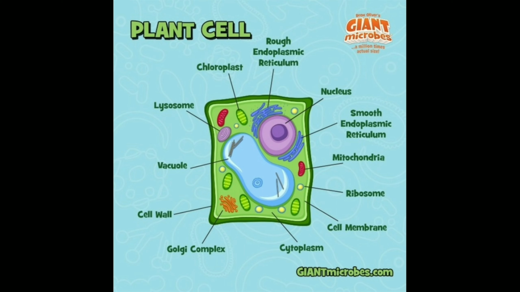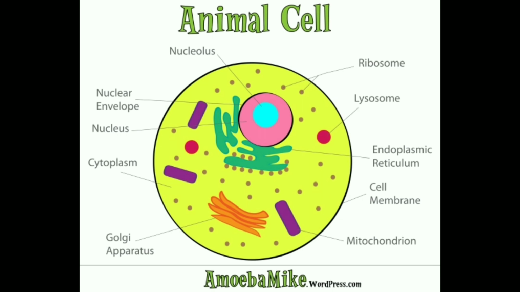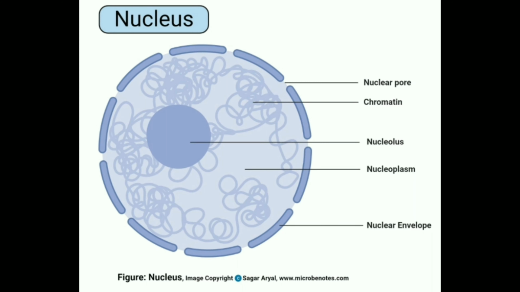Now, let us check out some important cell organelles of a cell. The first and foremost is the nucleus. You might have observed the dark portion in a cell. That is nothing but the nucleus. It was named by Robert Brown in the year 1831.